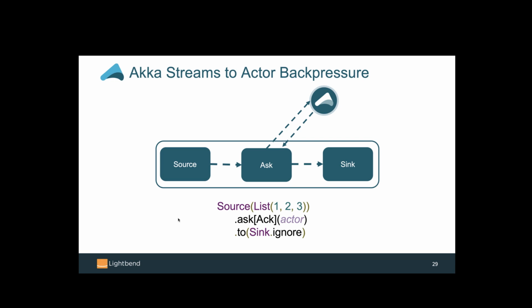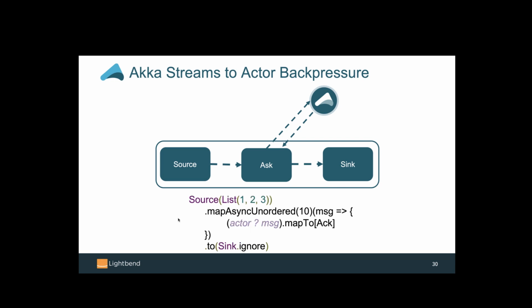There's no reason to wait for user actor 1 to finish processing in order to go to user actor 2. So if we want more of these messages being processed at once, and the order of them coming in doesn't correspond to how they need to leave this stream, then we can take advantage of map async unordered.